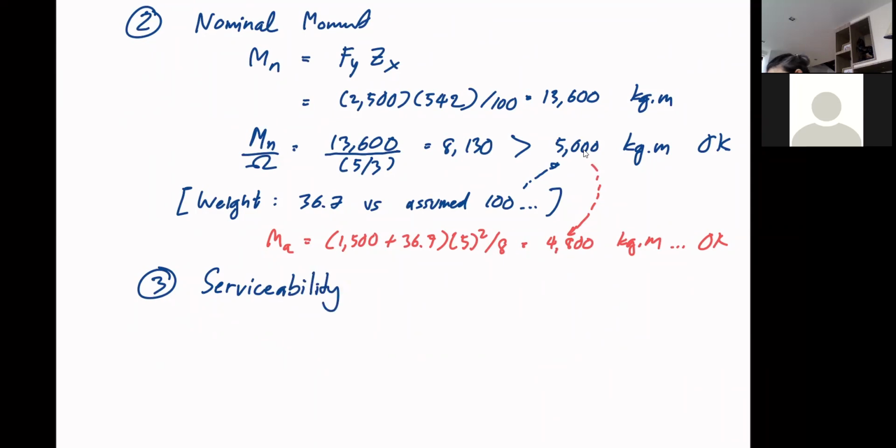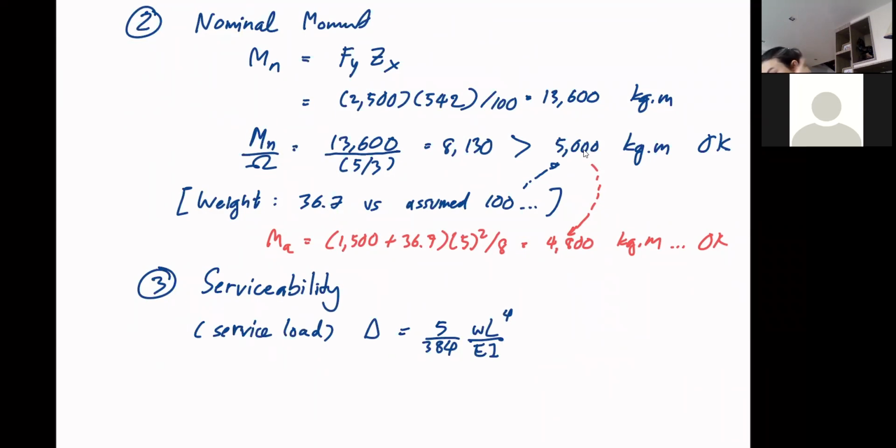Okay, now you see why, remember it's service load. And deflection is equal to 5 over 384 WL power 4 over EI.